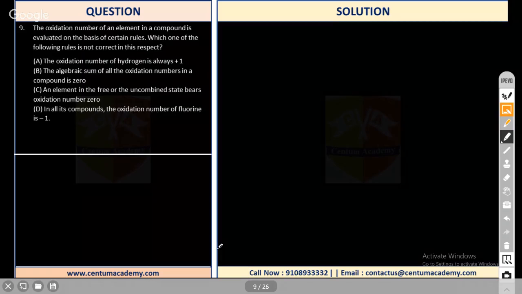In case of hydrides, hydrogen also has minus one oxidation state, right? So the statement that the oxidation number of hydrogen is always plus one is not correct. It is wrong. But if you see, in all its compounds the oxidation number of fluorine is minus one.